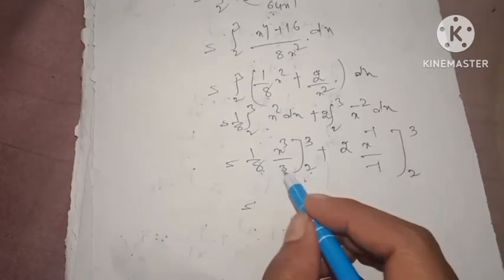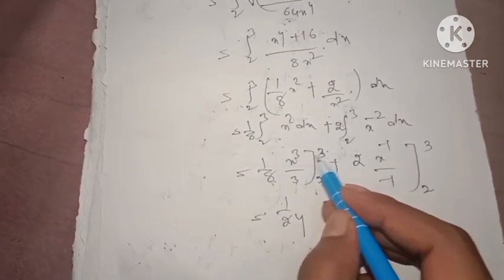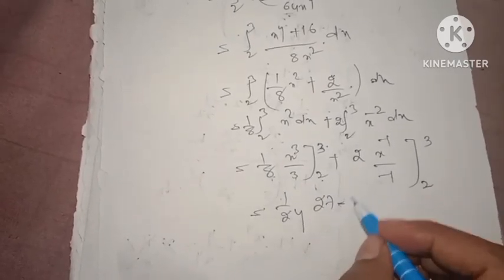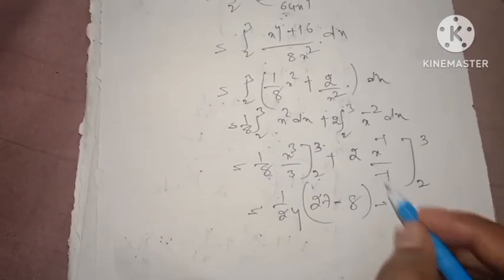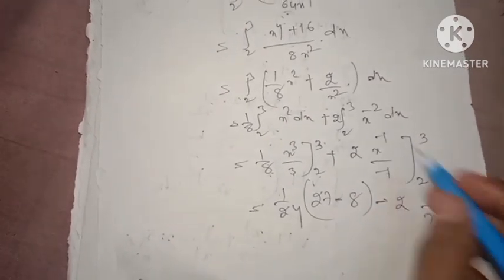So 1 by 8 into 3, 1 by 24. If you put upper limit 3 cube equal to 27 minus 2 cube equal to 8, plus 2 into 1 by x with limits 2 to 3.